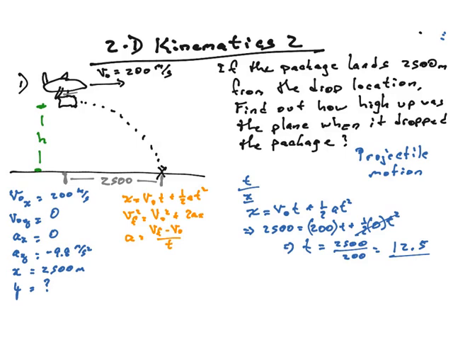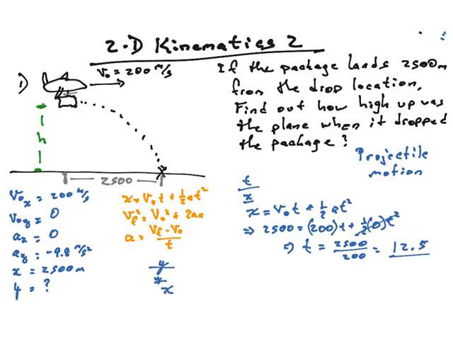But remember, that's not what my question asks. What my question asks is, how far does the package drop? But again, we remember the reason I calculated this time is because I needed it in order to use the first equation to find the distance. So now let's do it. We're looking for y. I'll do it in the y direction.